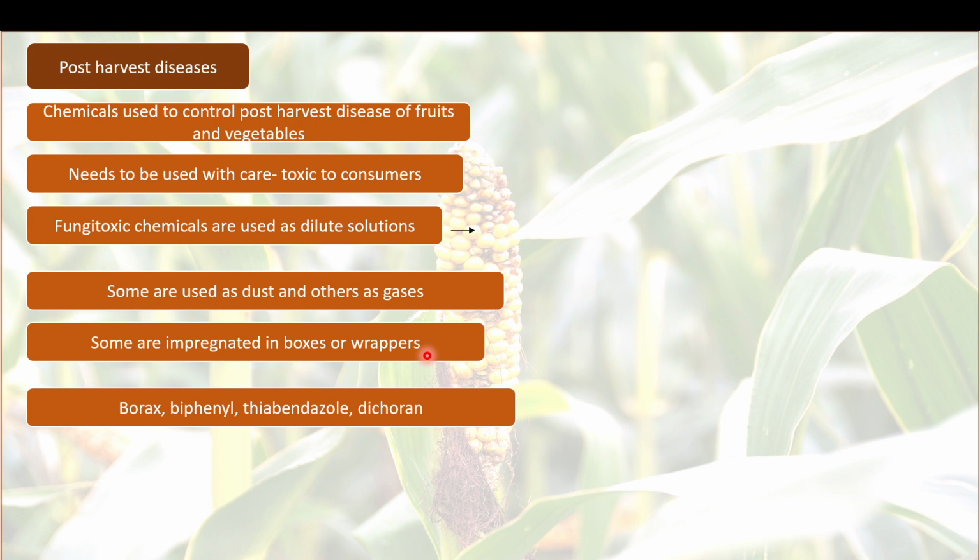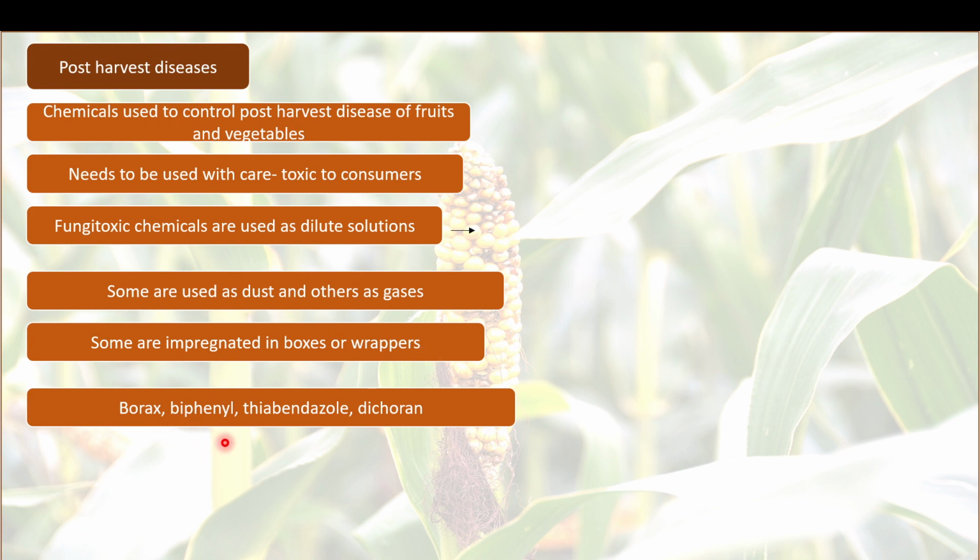For example, the boxes of fruit that you purchase, or the box in which your fruits get wrapped and reach the marketing place, and then are removed from that box, so that box also sometimes contains these chemicals to save it from diseases.